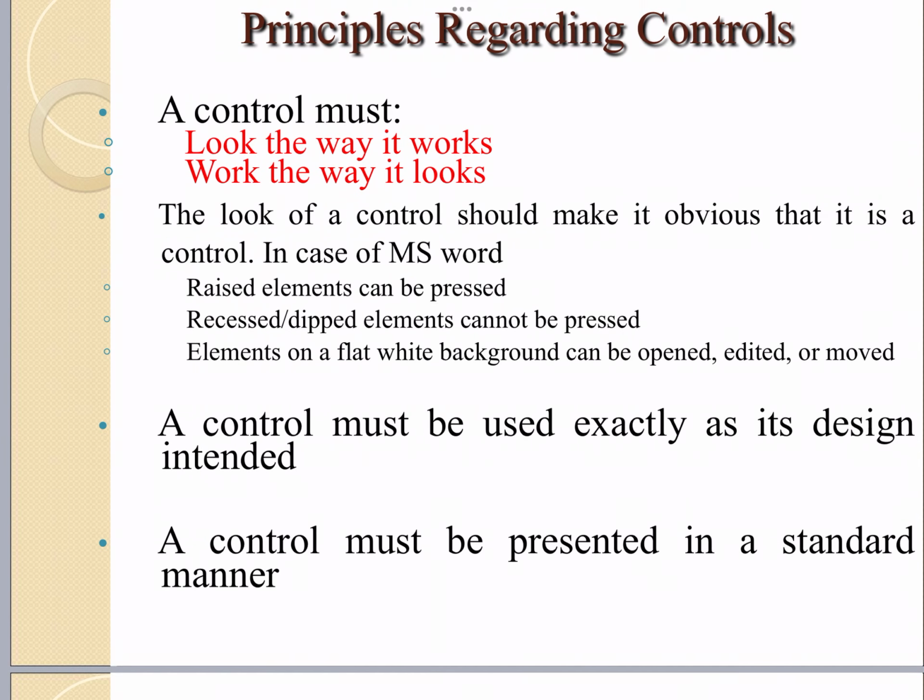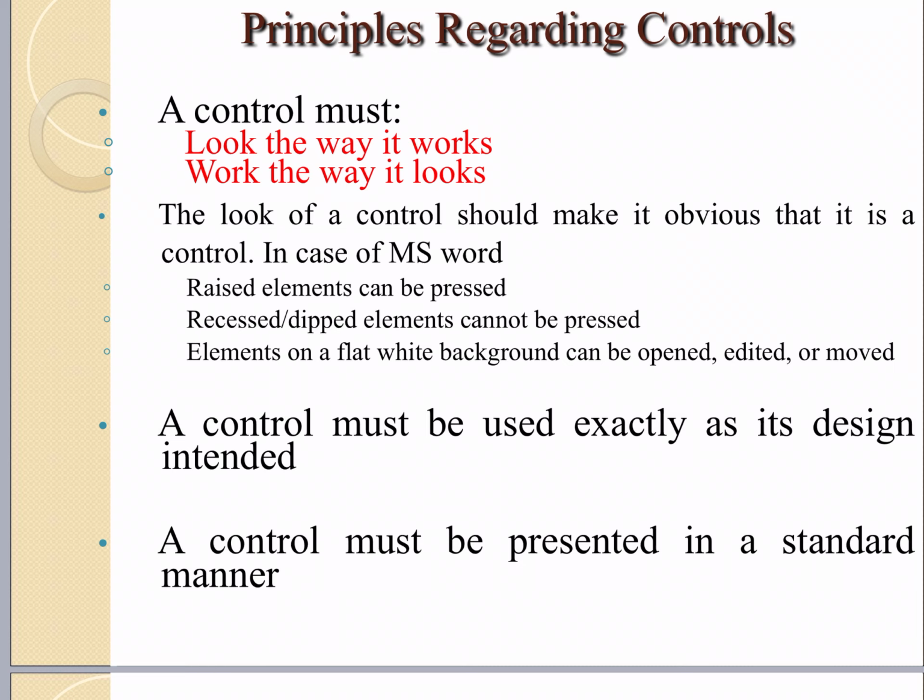Now we will see the principle regarding controls. A control must look the way it works and work the way it looks. It means that if a control has certain characteristics, it has to allow and also follow those characteristics. The look of a control should make it obvious that it is a control.